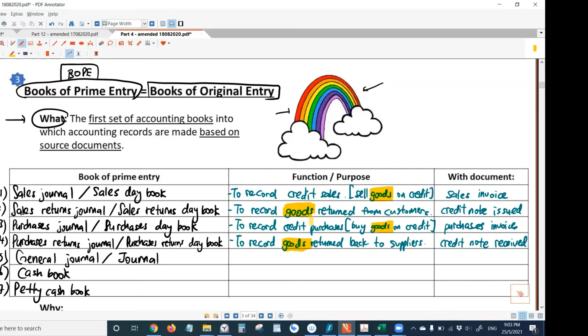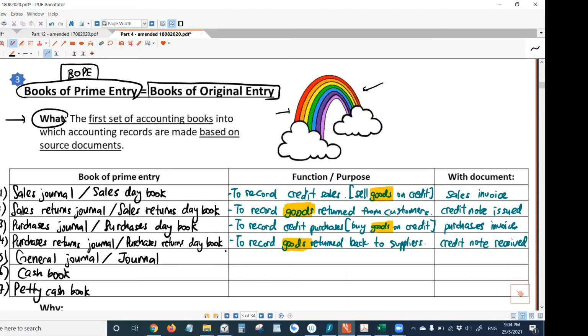Don't record into the purchases journal when you buy NCA, because you only record into the purchases journal when you buy goods on credit. Goods and NCA are different. Goods are the things that you buy and sell regularly. NCA are the things that you buy and keep in your business and use to generate profit.